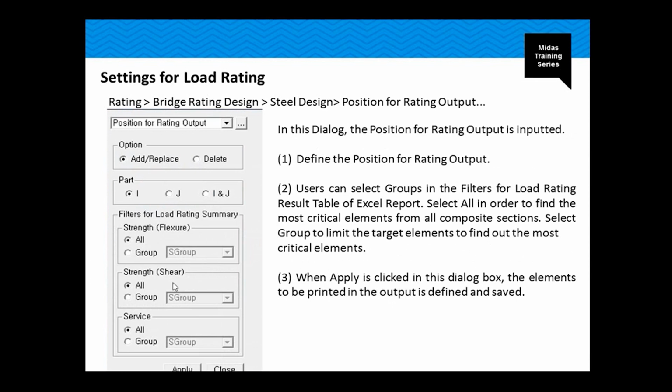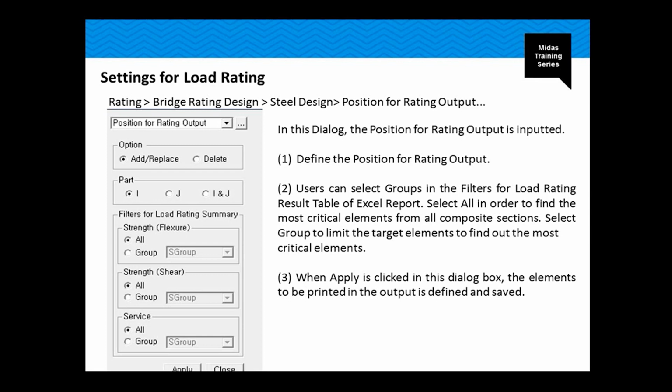We have an option for defining the position of rating output. In this dialog box, we have the option to tell the program the location of the output that we want to assign. That location of output is basically where the program is gonna generate an Excel sheet for the load rating.